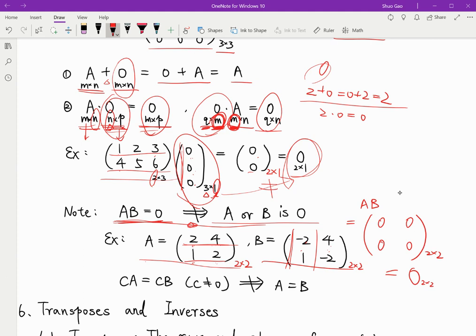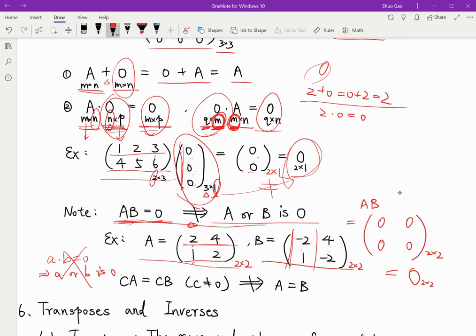So this is different from the number algebra. Right? In the number algebra, we said that if number A times number B equals 0, then that means A or B is 0. Right? But this is not true in the matrix algebra. Okay.